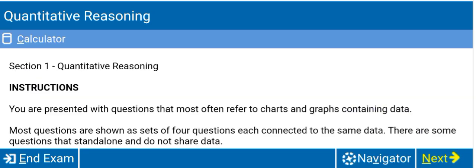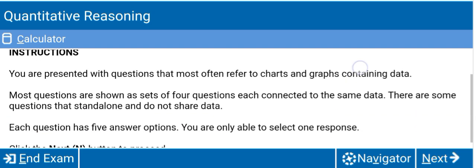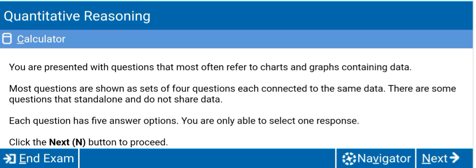Section 1 Quantitative Reasoning. Instructions: you are presented with questions that most often refer to charts and graphs containing data. Most questions are shown as sets of 4 questions, each connected to the same data.